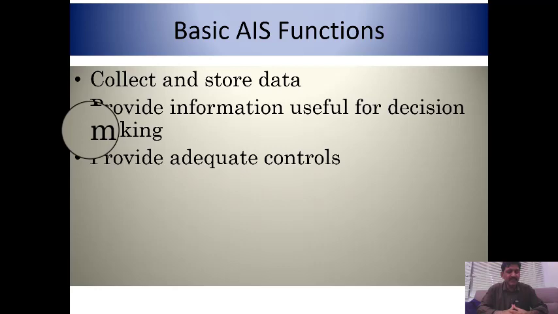So the accounting information system provides what? Adequate control. I'm presenting it from a different angle, like internal check. Whenever we do an internal check, it means the work of one person is checked by another person, like an invoice. The invoice is prepared by one person, but that is controlled by another person.